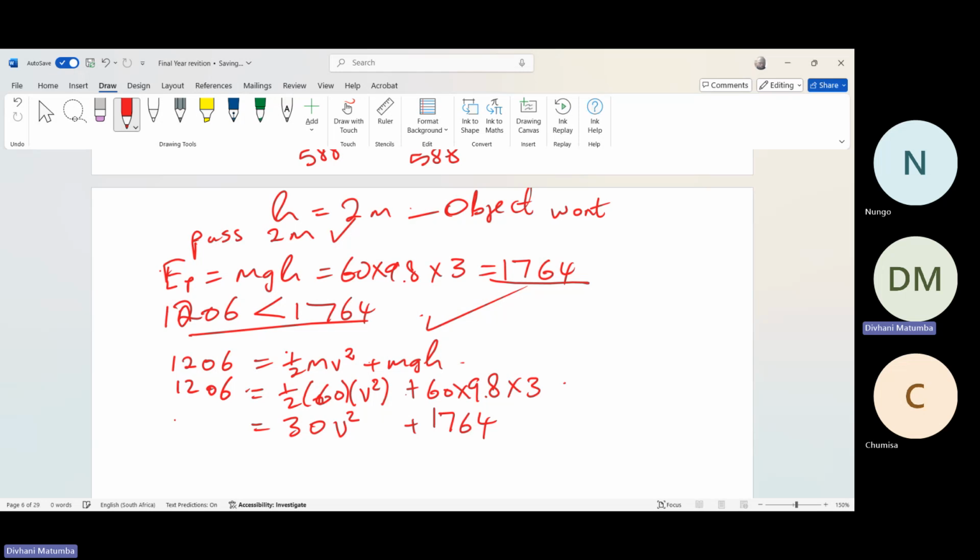And here I have 1206. So if I take 1764 to the other side, what am I going to be having? 1206 minus, because this will be a minus 1764. How much are you getting?